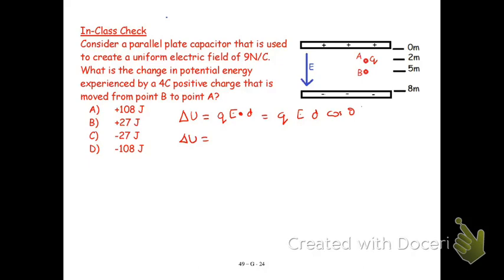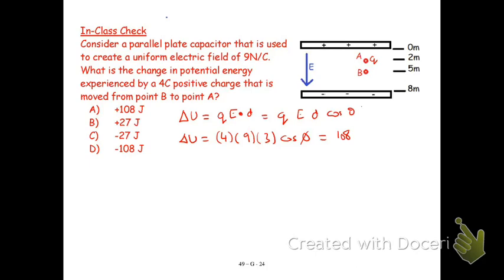So my change in potential energy is equal to 4 times 9 times 3 times the cosine of 0, which equals 12 times 9 is 108.